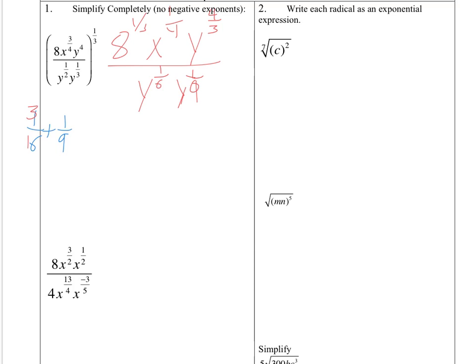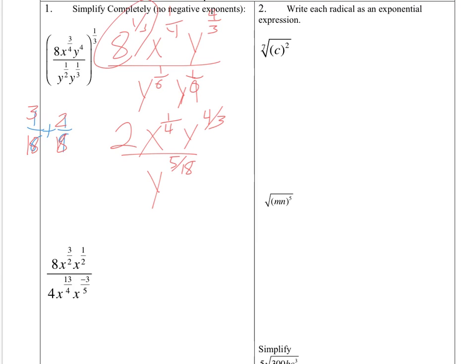So that'd be 3/18 and 2/18. When I combine those in the bottom, I'm going to end up with y to the 5/18. 8 to the 1/3, that 1/3 is a cube root, so 8 to the 1/3 can be written as 2. x to the 1/4, and y to the 4/3.